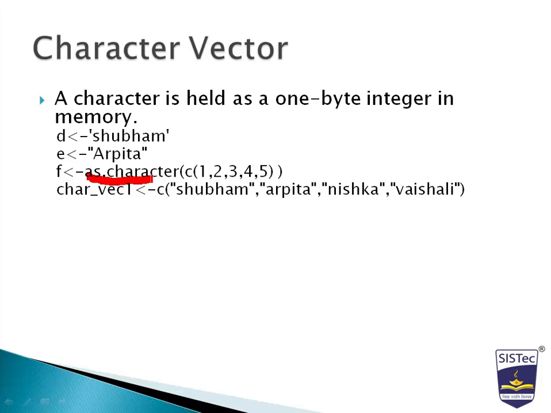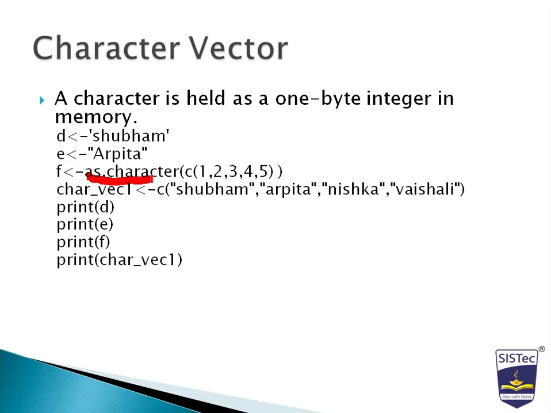We also create a character vector 1 that stores continuous character strings like Shubham, Arpita, Nishka, and Vaishali. And we are going to print D followed by E, F, and character vector 1.